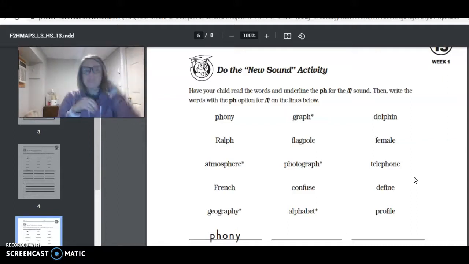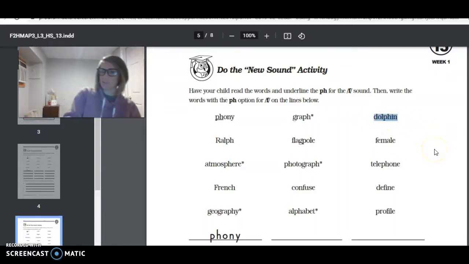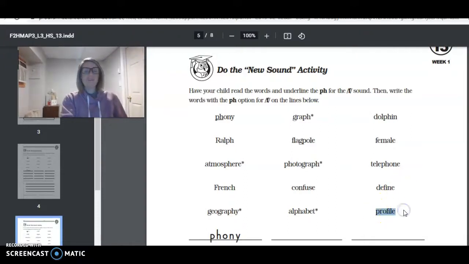Do you know what I am? A dolphin. Okay, here's the next one. When you see someone from the side, you see their, what is it? Profile. We have the sound in this one.